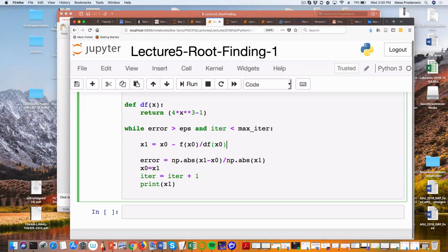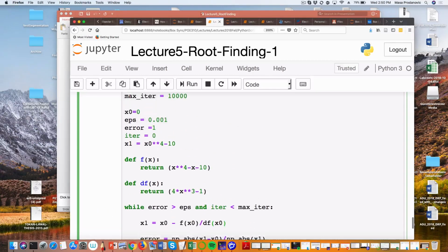So I just reused the shell of the code I had before. It's really how do I define my next iteration that I'm plugging in here. Okay. So for Newton's method, I have to have both f and the derivative of f, which I programmed here.